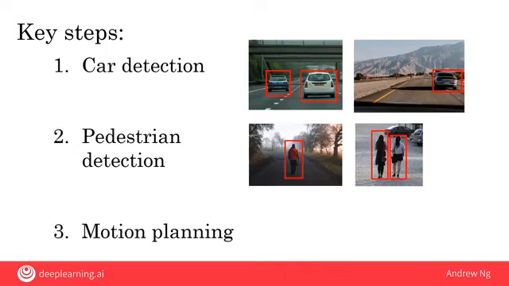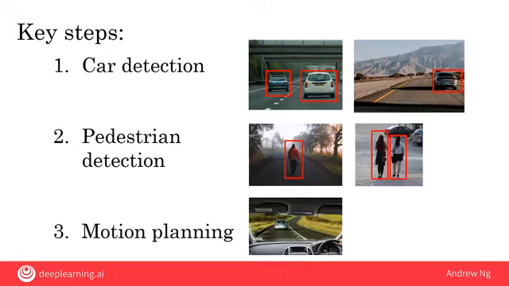Finally, I briefly mentioned a motion planning step. So what is that? Here's an example. Let's say you're driving your car and there's this light blue car in front of you. The motion planning software's job is to tell you what path, shown here in red, you should drive in order to follow the road and not have an accident. And so the motion planning software's job is to output the path as well as the speed at which you should drive your car in order to follow the road.